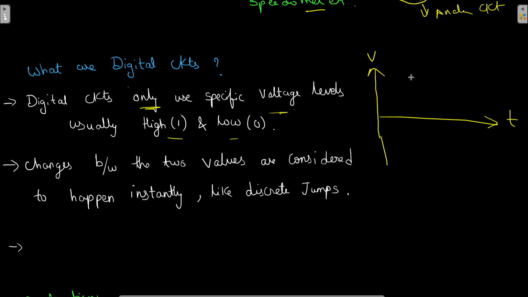It may be high or it may be low. Only two values are possible with respect to time. High is 1, 5 volt or 1 volt, or low, it's 0 volts.